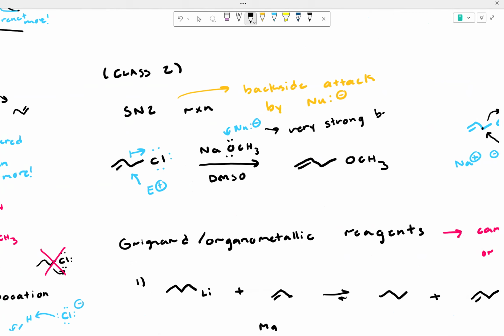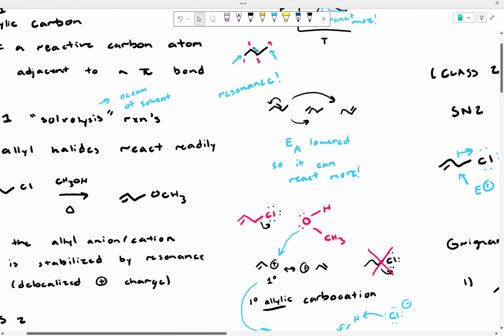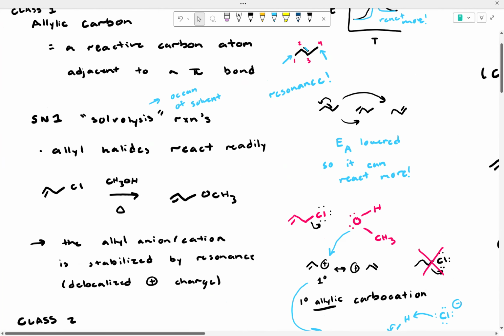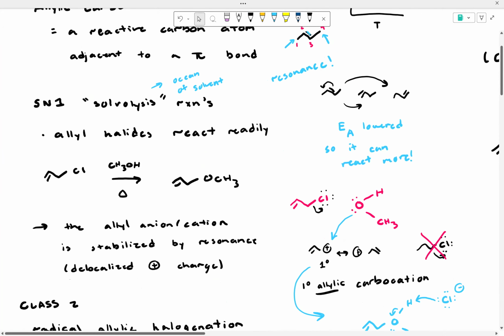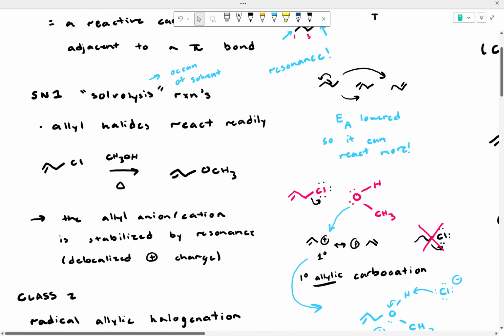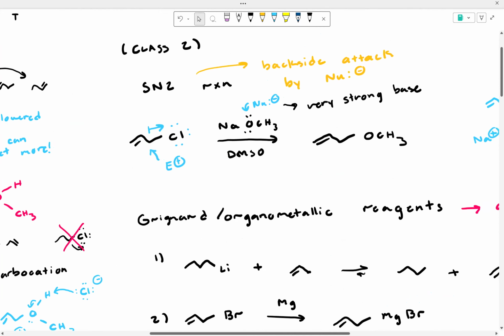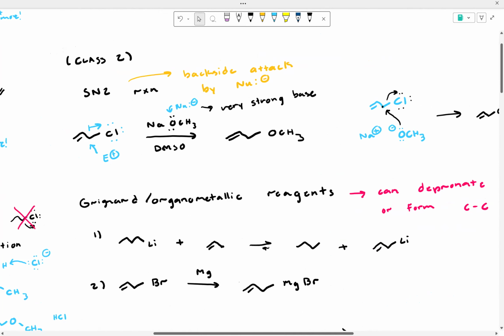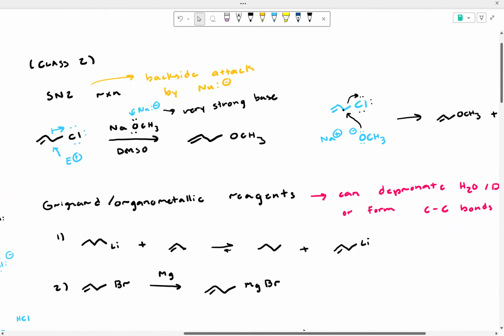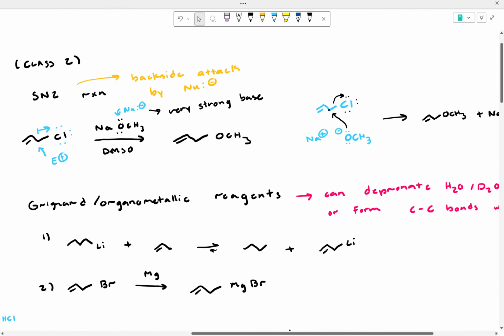It really wants to give away a pair of electrons to another molecule. On the other hand, methanol is not that strong of a base. So it gives time for the chloride to leave on its own. And that's what happens in this SN2 reaction.